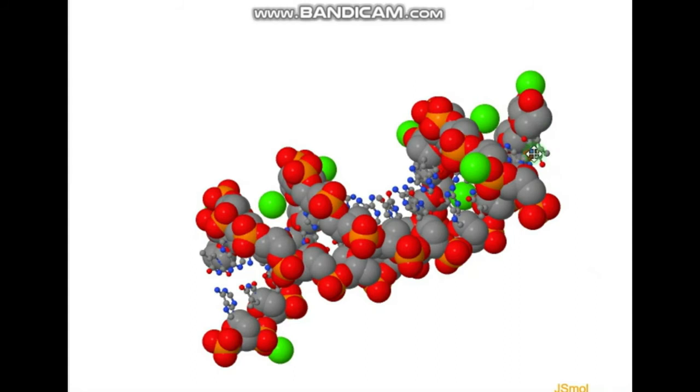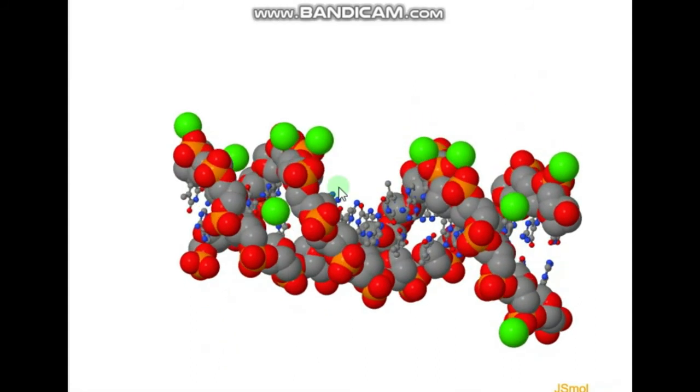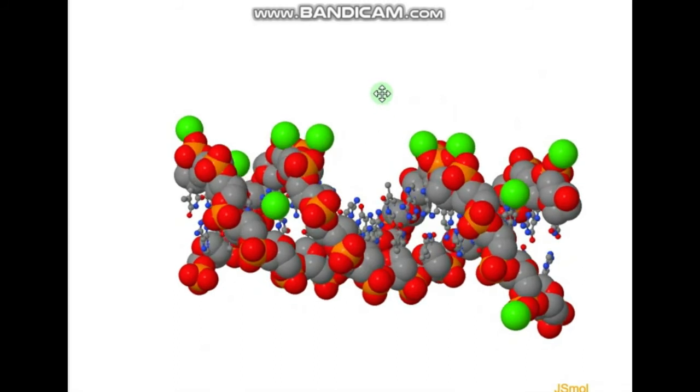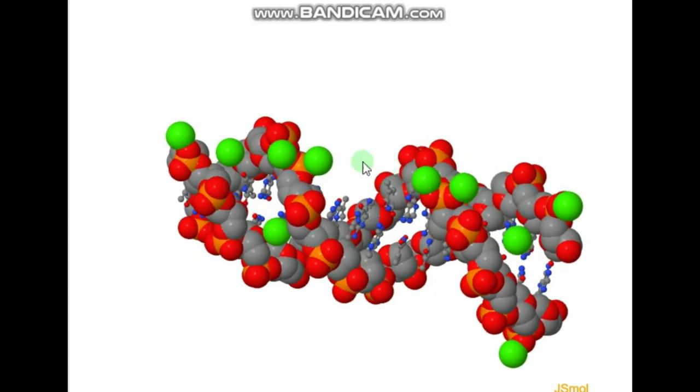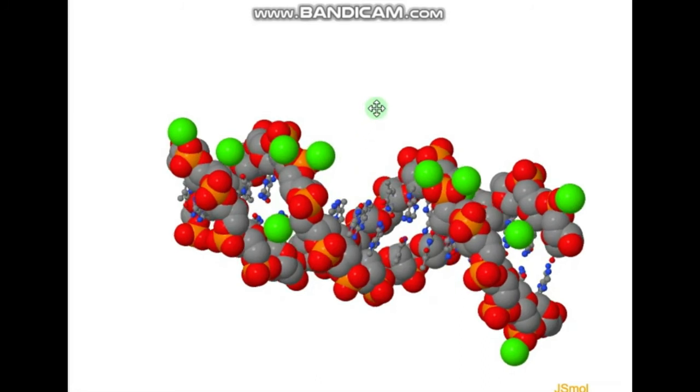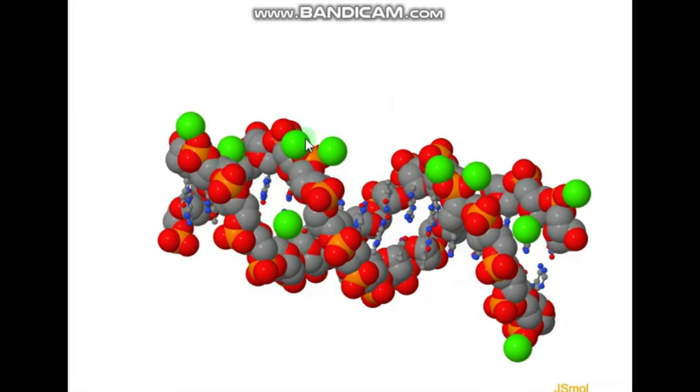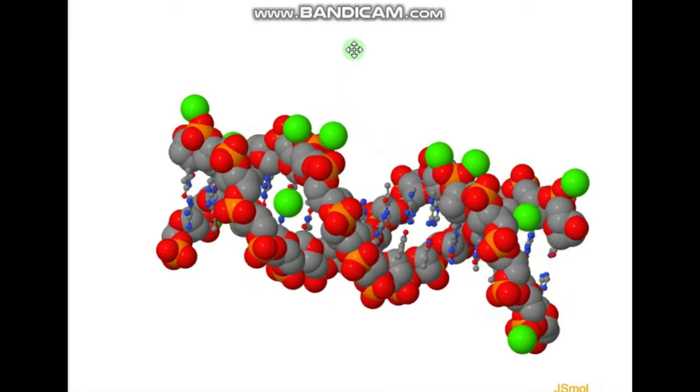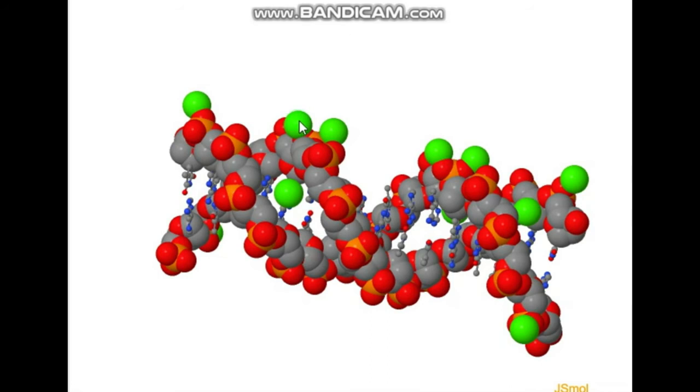And you can see a couple of very striking things. First of all, if we look at these ones, for example, you can see they're very directly associated with the phosphate groups there. And same thing here. So there's a very strong tendency for positive ions to associate around the negative ones on the surface of the DNA.